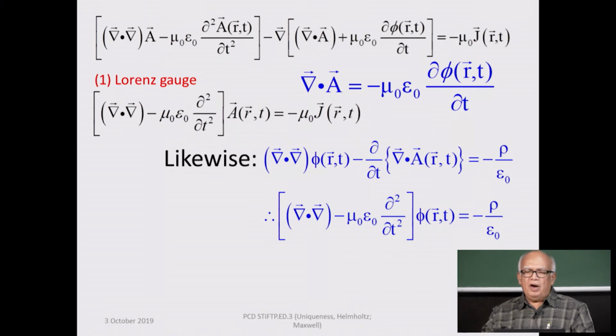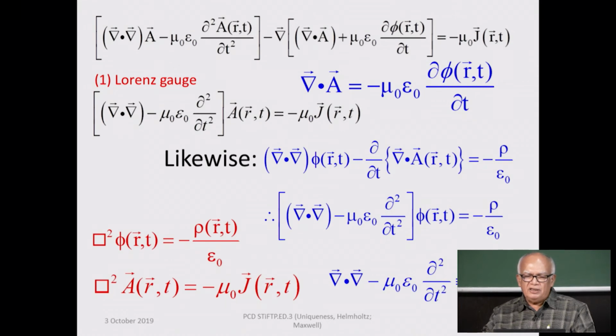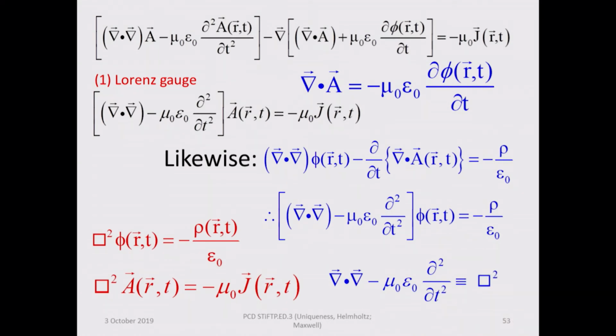So you have got similar looking relations, okay, and you can write the two equations in terms of what is called the box operator. This is just a compact notation, there is nothing more about it.